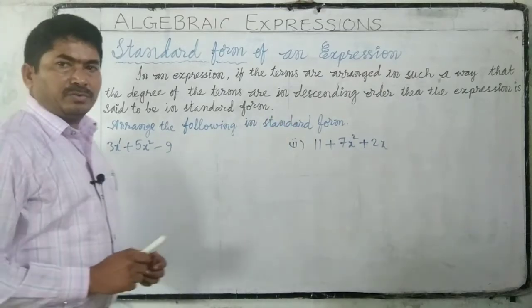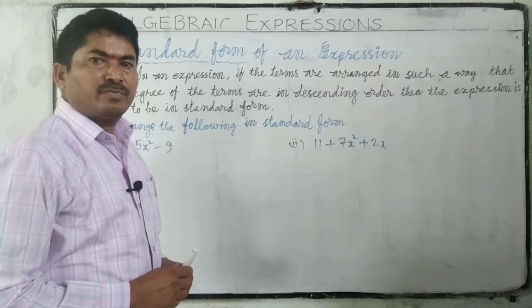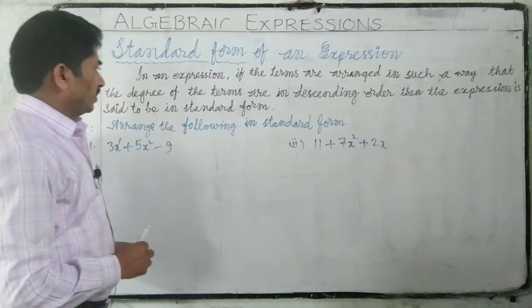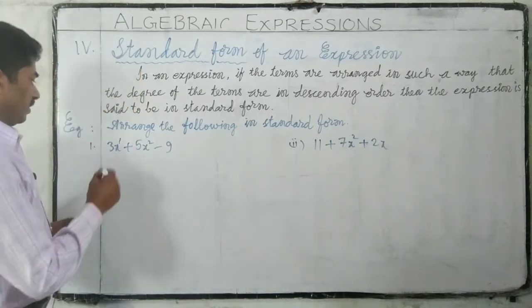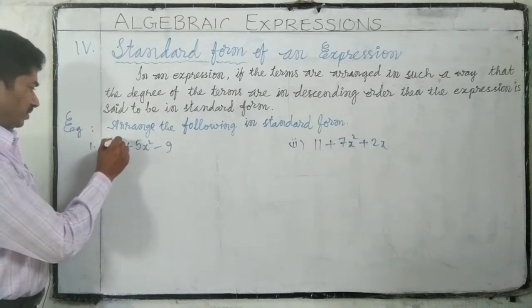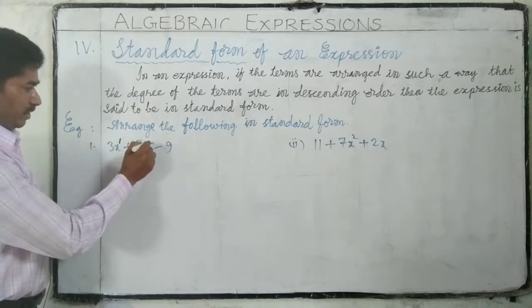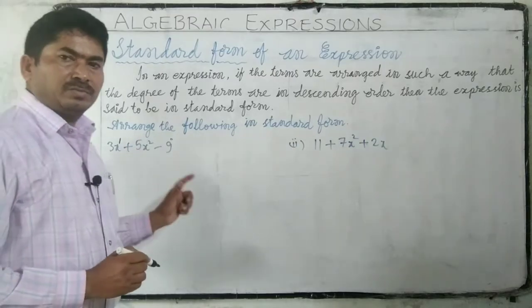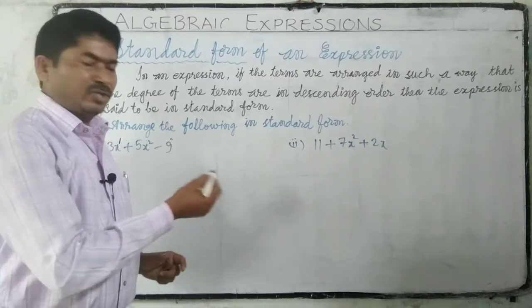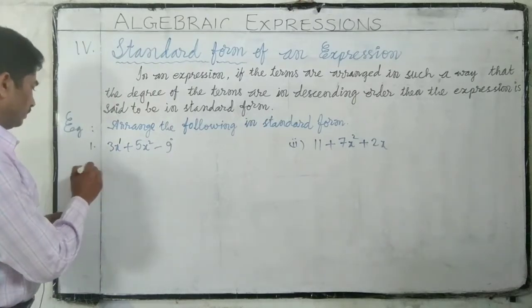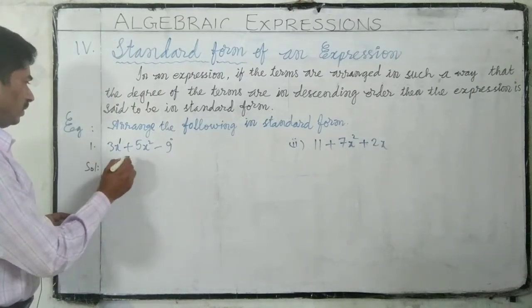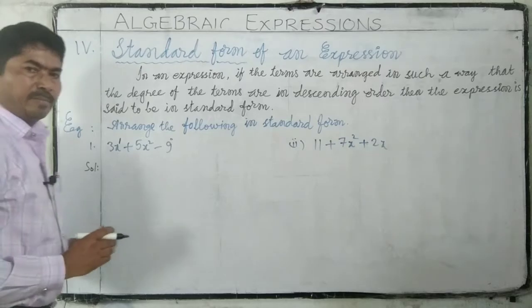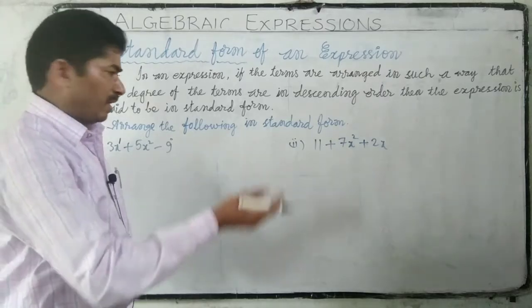To arrange this in standard form, first we have to observe the degrees. Here the degree of this term is 1, here 2, here 0. So we have to arrange these degrees in descending order. Descending means big to small.